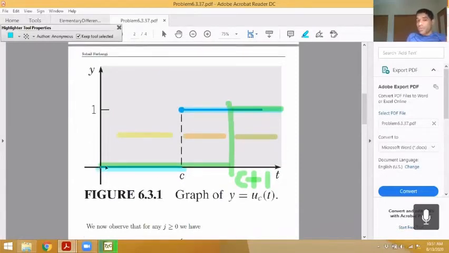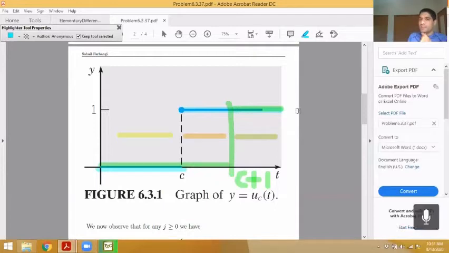So 0 plus c, 0 plus the index of my step function, takes me all the way right up to here, where the step function is 1. And then as tau gets bigger, tau plus c also gets bigger, so the step function is just always going to be equal to 1, like I said it would, and then it just goes away. 1 times anything just leaves the quantity unchanged.